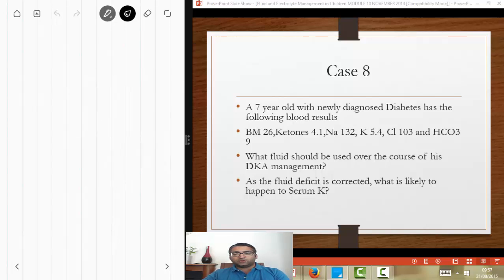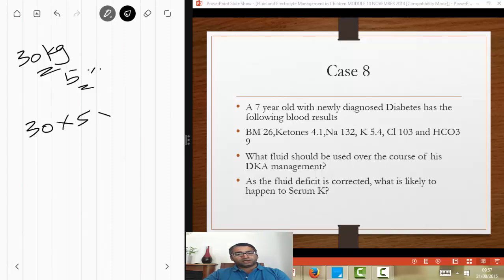So let's say this is a 7-year-old boy. Let's, for argument's sake, say this child is 30 kilogram. So you want to work out, let's say he is 5% dehydrated. So that will be 5% of that. So you know the rules to find out the deficit. So weight times percentage dehydration times 10.